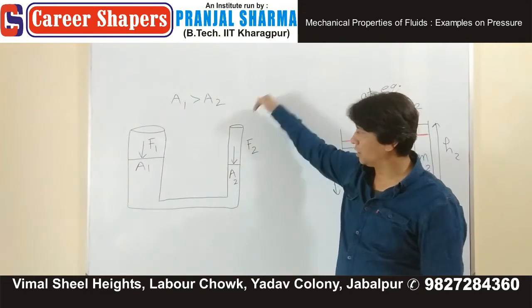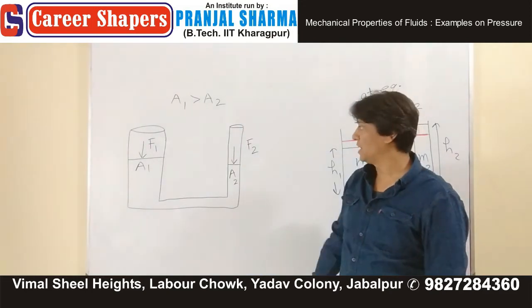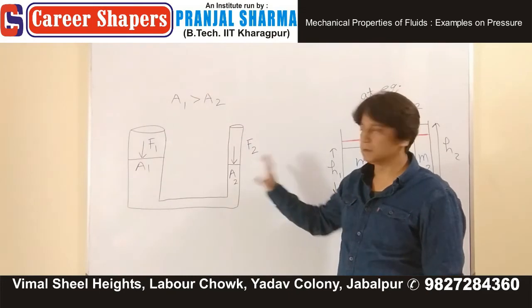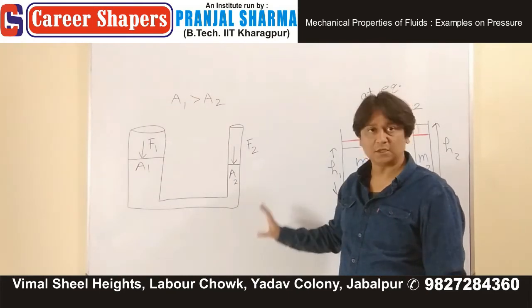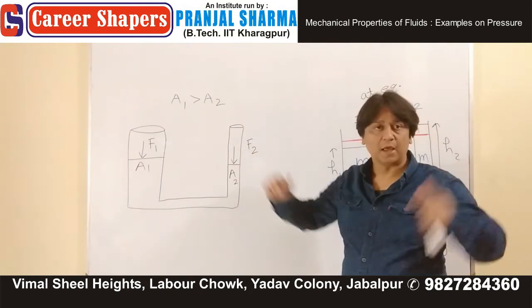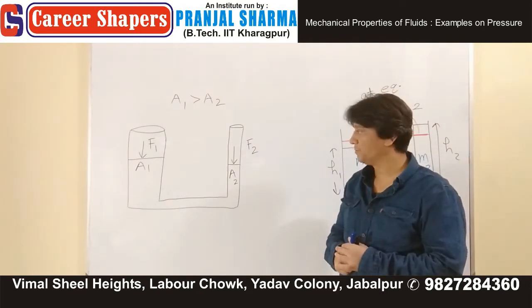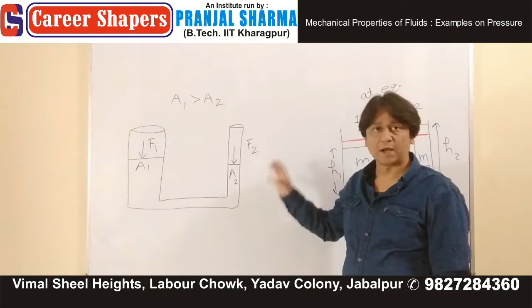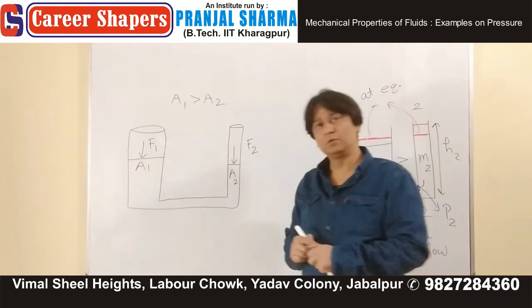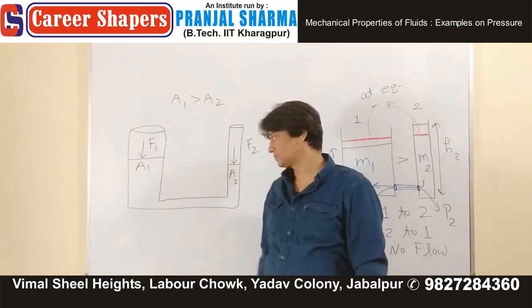Here, you're also pushing the whole thing with the force of F2. Now, once the whole thing settles, you started pushing them and ultimately an equilibrium got established. Once that equilibrium is established, what will we notice? Understand that part.